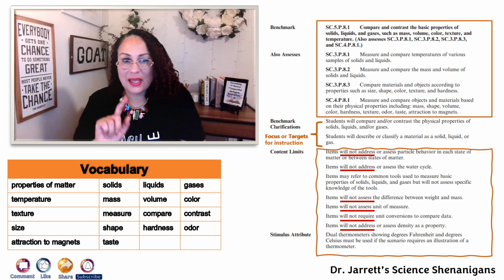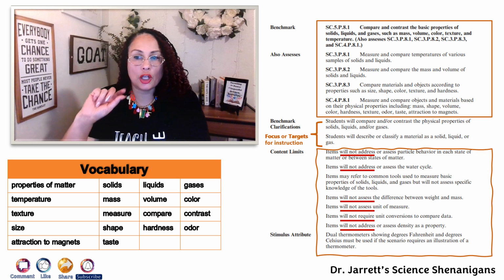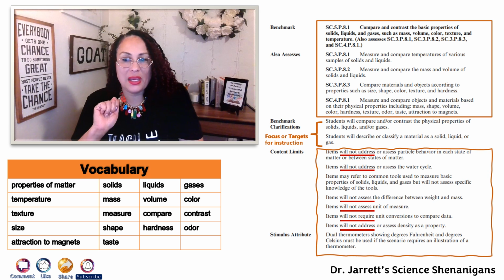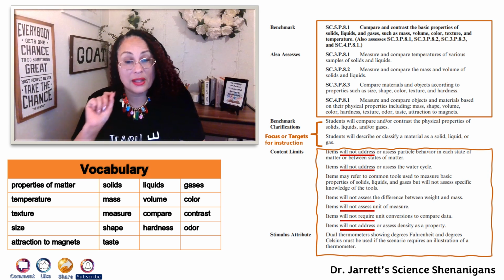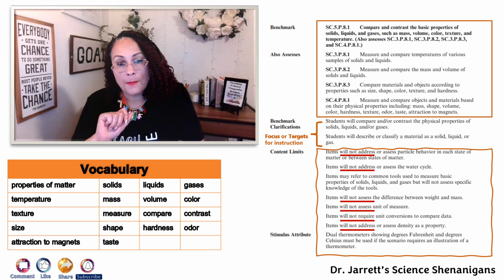That means that size is not in 5P8.1, shape is not in 5P8.1, color is in 5P8.1, texture is in 5P8.1, hardness is not in 5P8.1. So you actually have to include those in 5P8.1 because they're also assessed standards. That means that it's vocabulary that the students may come in contact with.